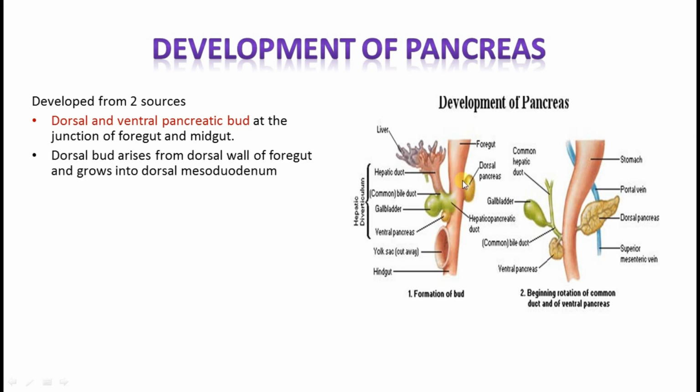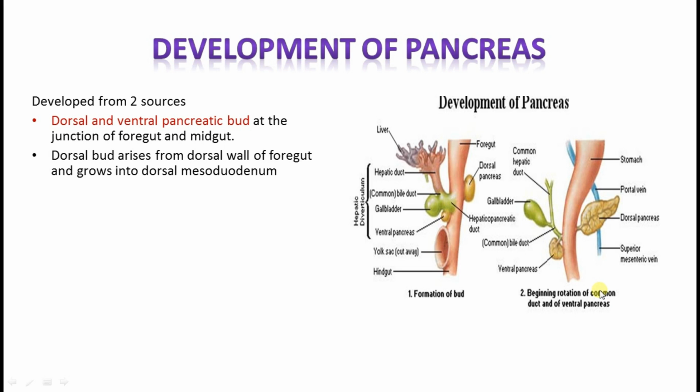The dorsal pancreatic bud from the dorsal wall of the foregut grows into the peritoneum of the duodenum, which is called the mesoduodenum. Then slowly the duodenum loses its peritoneal covering, because initially it is a simple tube, and this tube has a convexity towards the front. It is not C-shaped; finally only it acquires a C-shape.